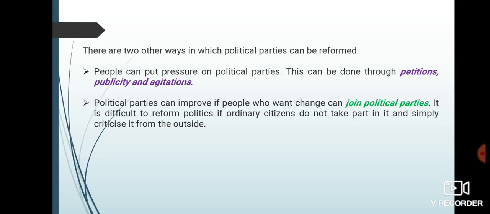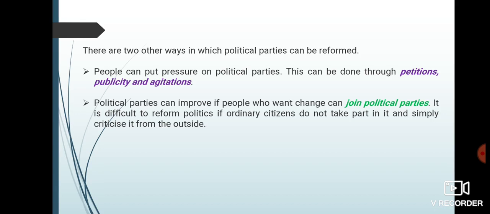Over-regulation of political parties can be counterproductive even, and this would force all parties to find ways to cheat the law. Besides, political parties will not agree to pass a law that they do not like. So, unless the political parties agree themselves to reform, they cannot be reformed.